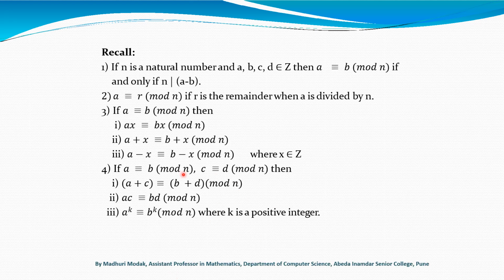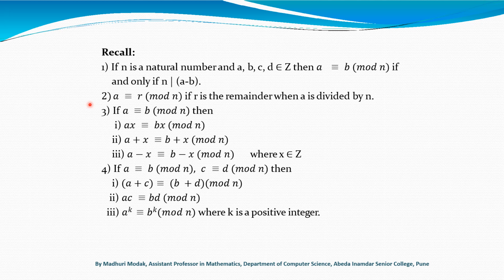Now these are some results that we need while using RSA algorithm. So already we have seen the definition of congruent, that a is congruent to b modulo n if n divides a minus b, where a and b are any integers and n is a natural number. So recall, if n is natural number and a, b, c, d are in Z, then a congruent to b modulo n if and only if n divides a minus b.